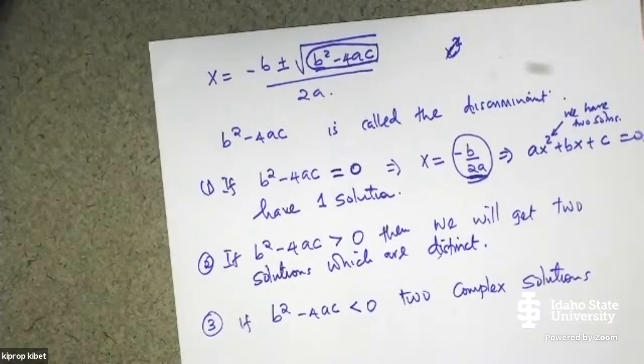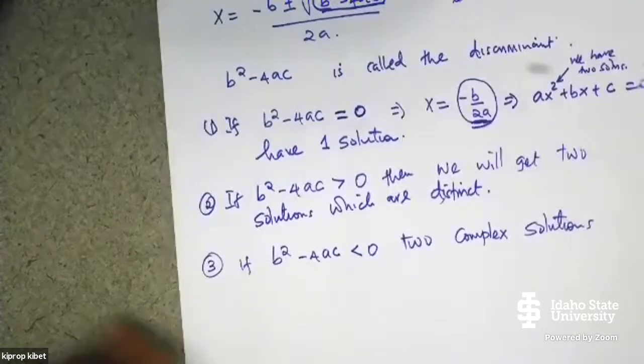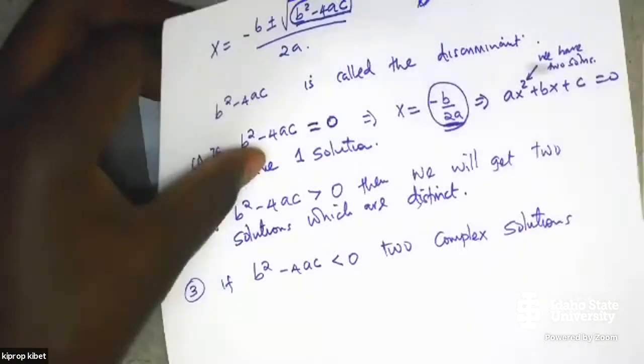If it is greater than 0, we have two distinct solutions. If it is less than 0, we have two complex solutions. Okay, example number 1.